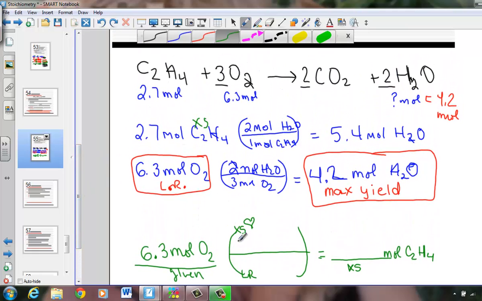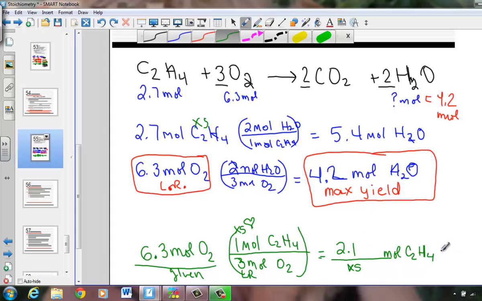Every 1 mole of our excess that was consumed, 1 mole of C2H4, used up 3 moles of oxygen. So my stoichiometric ratio is 1 over 3. What's 1/3 of 6.3? When I hit that, I found that would be 2.1.